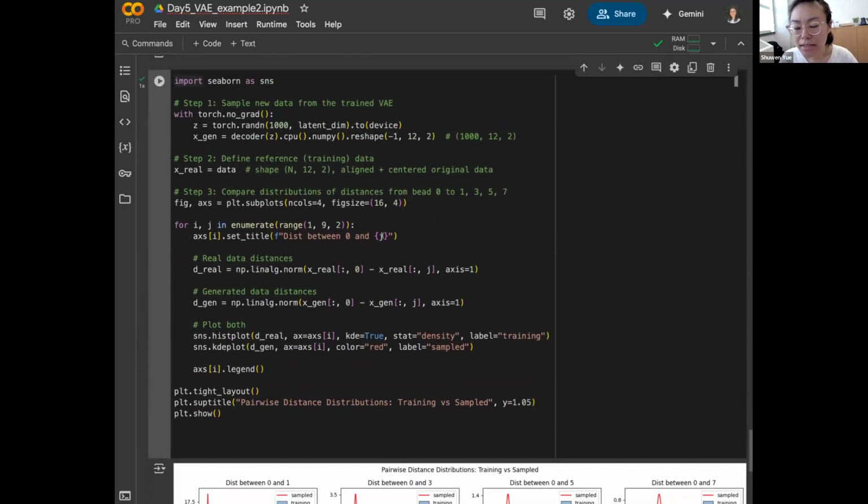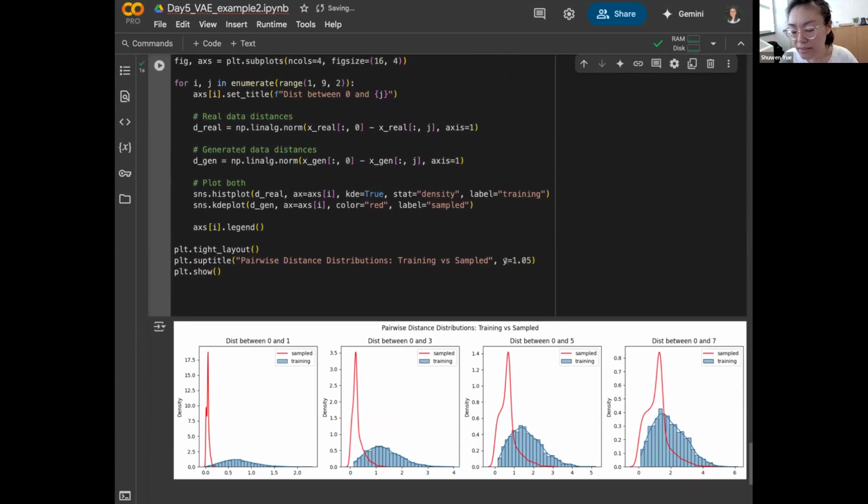But what we can do then is replot that set of distributions we were looking at earlier. The blue is what we plotted earlier: the distance between each of the bead-spring beads and its nearby neighbors. So this is the first nearby neighbor, stretching out to the seventh, or I guess 8 bonds apart, and what their distances are.